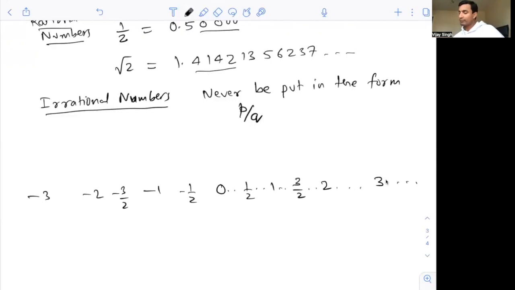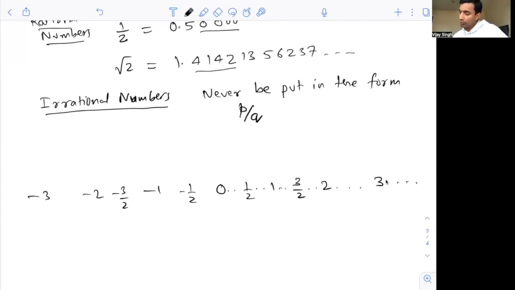But again, there were certain numbers like square root of 2, which is 1.414. There was a number here which was larger than 1, less than 3.5, but it couldn't be put in the form P over Q. So all such numbers now exist, which are called the irrational numbers.